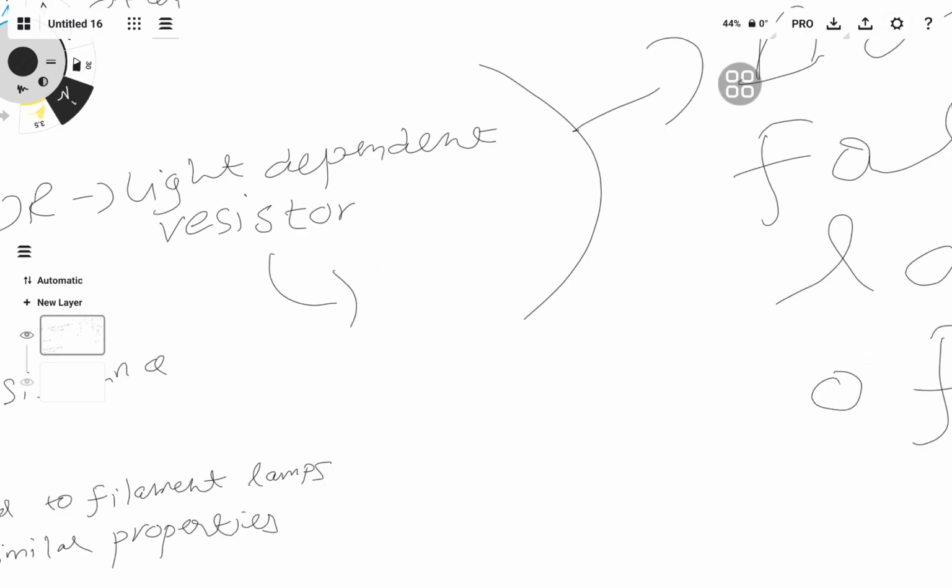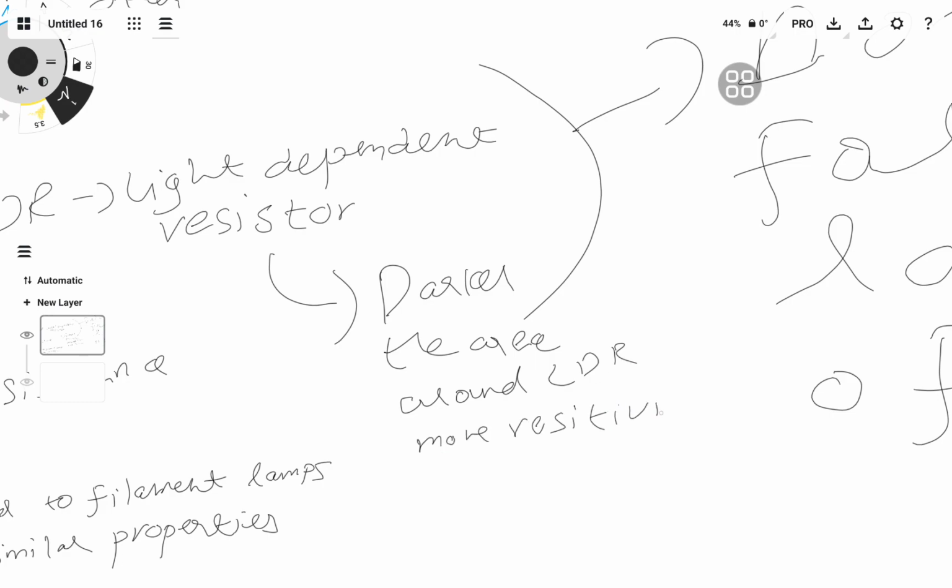Light dependent resistor, basically the darker the area around LDR, the more resistivity, or brightness.